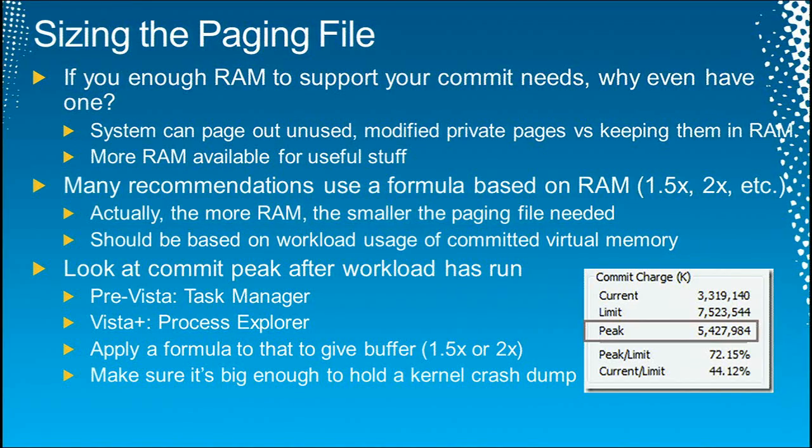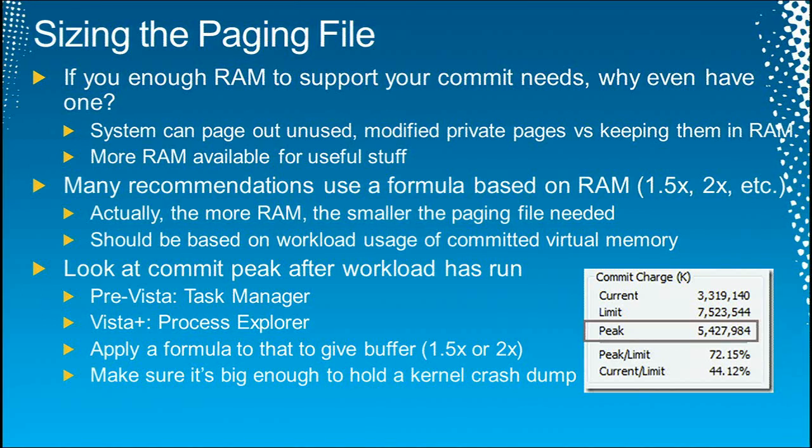The problem is that the least frequently used stuff has no place to go. One of the things you would like to use RAM for is the most useful things that your workload needs. That might be the private data it allocates that's backed by system commit, in which case setting your paging file size to 0 probably doesn't buy you that much if all of that commit is active. But in most cases, large parts of it are going to go cold for long periods of time. And that cold part, you'd like to say, I don't want to store that in RAM.